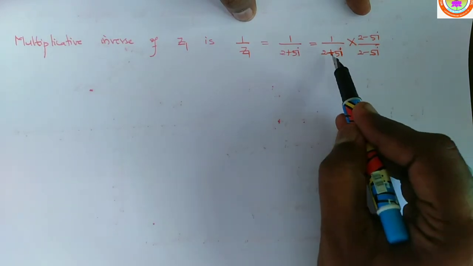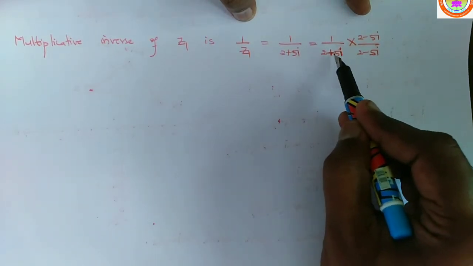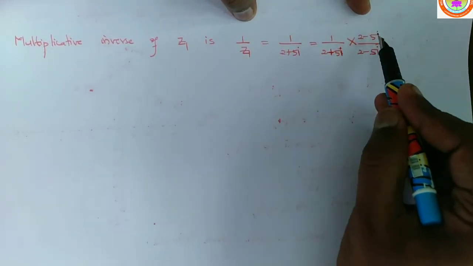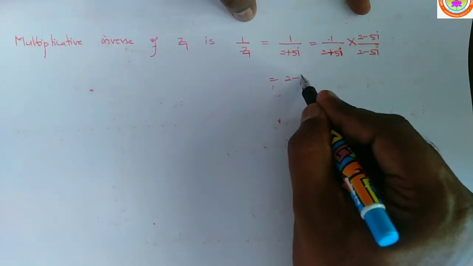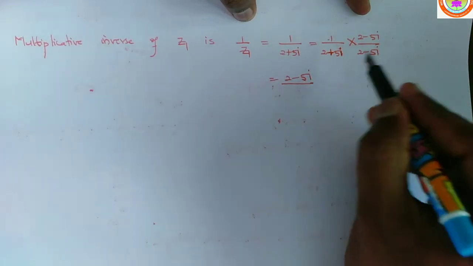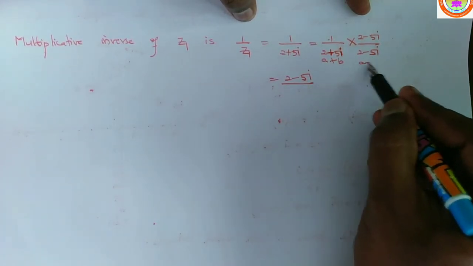Very simple process. So how can we write it? 1 into 2 minus 5i is 2 minus 5i, divided by a plus b times a minus b.